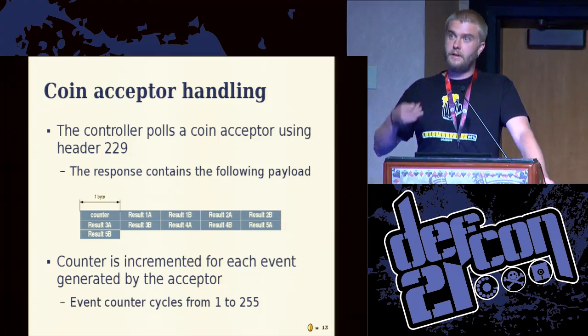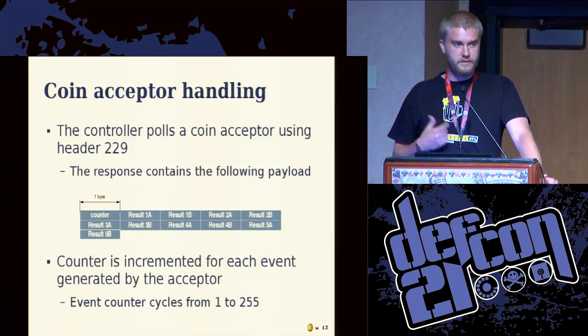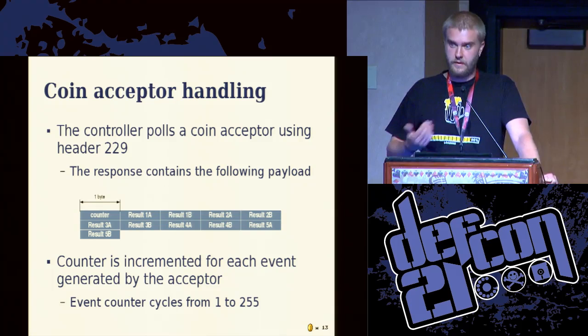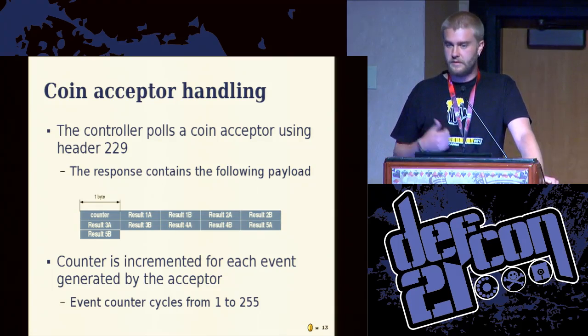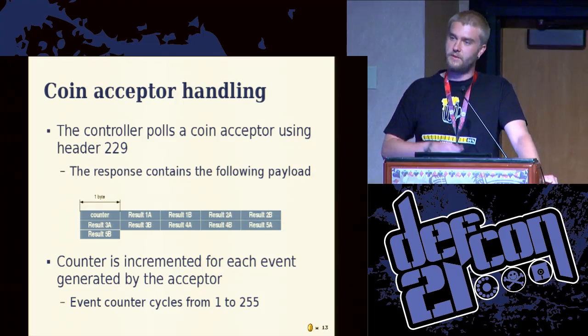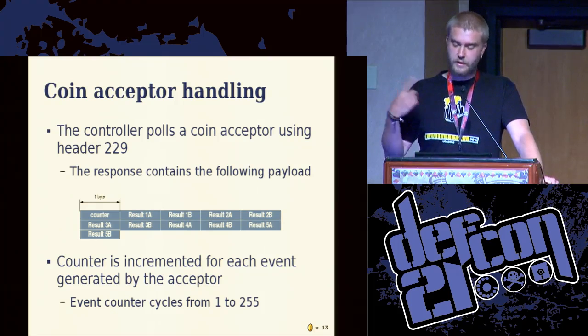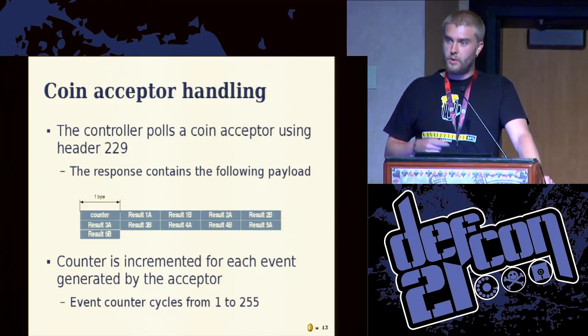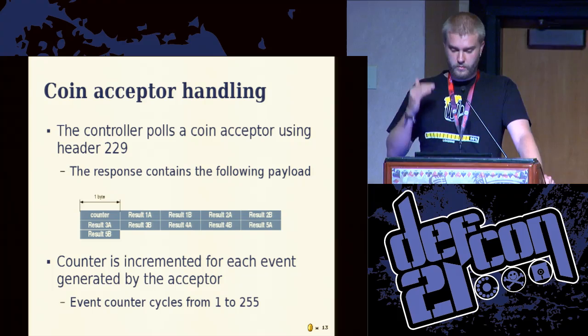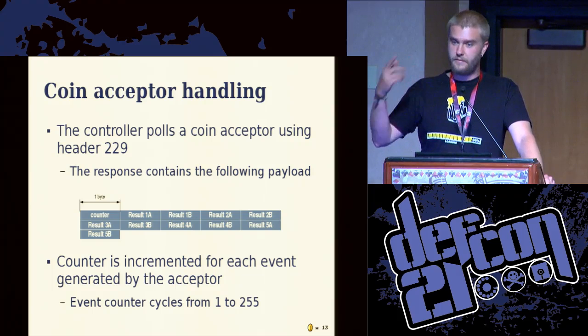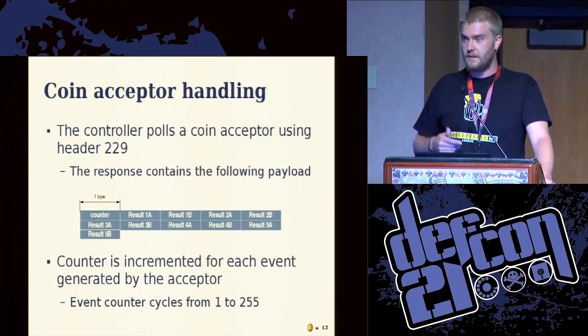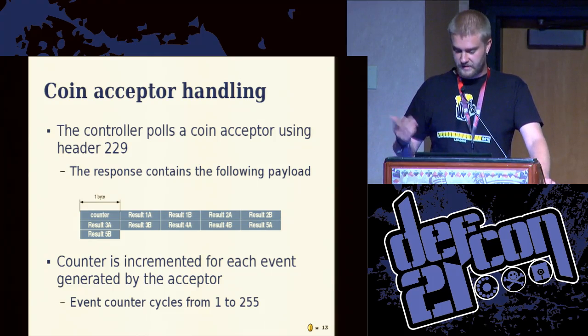The counter is incremented every time the device has a new event, like a coin was inserted, accepted, or refused. So the main board has to know the state of the counter, and if there's an increment, you know there was new information and you have to parse it.